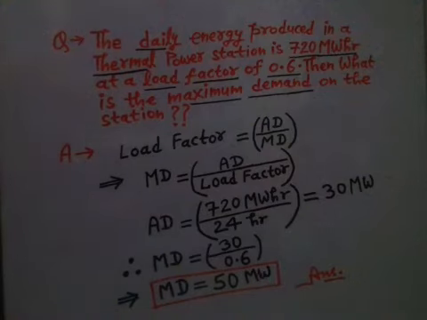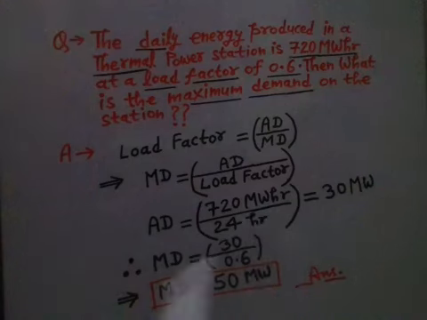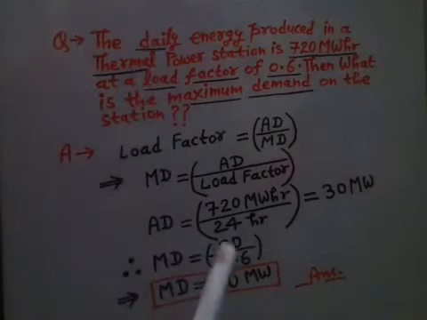Now had it been the monthly load curve, right, then you would have divided by the total number of hours in a month instead of 24. So since in the question it is a daily load curve, you have divided it by 24 hours.